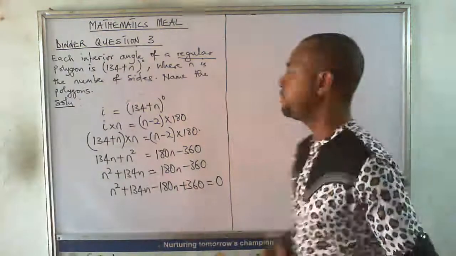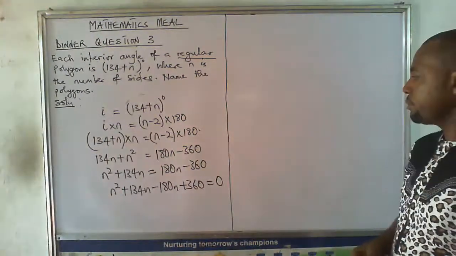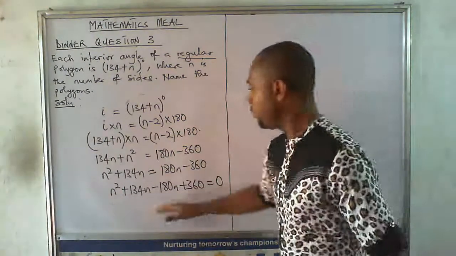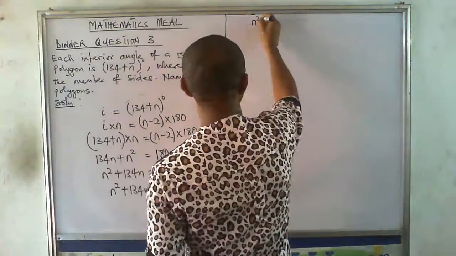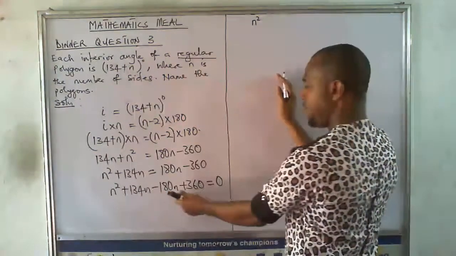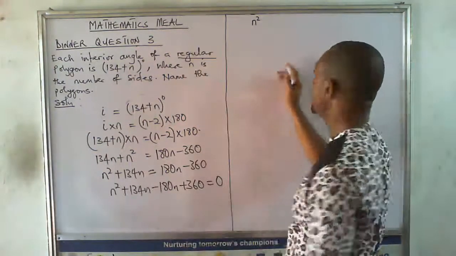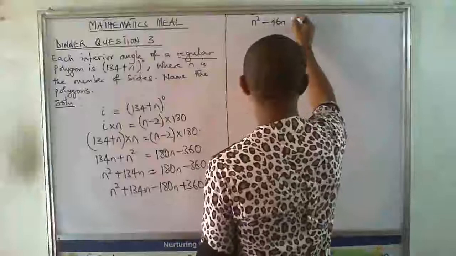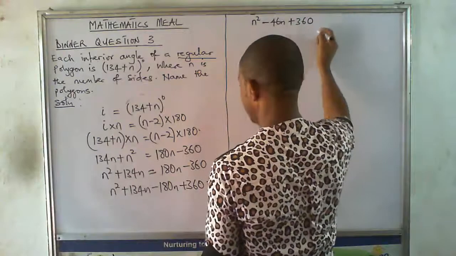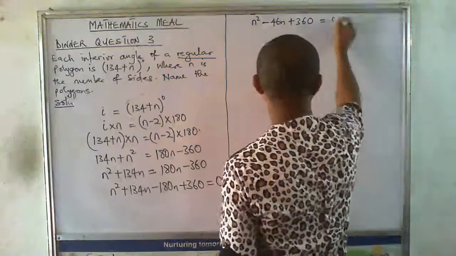Now 134n minus 180n will give us minus 46n, then plus 360 is equal to 0.